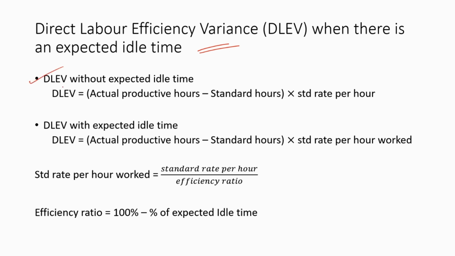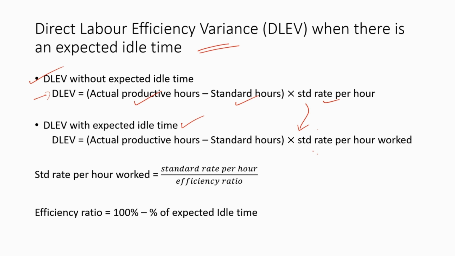Without expected idle time, this is the equation we use: actual productive hours minus the standard hours multiplied by the standard rate per hour. When it comes to expected idle time, there is only one difference in this equation, which is that the standard rate per hour will be changed into standard rate per hour worked.